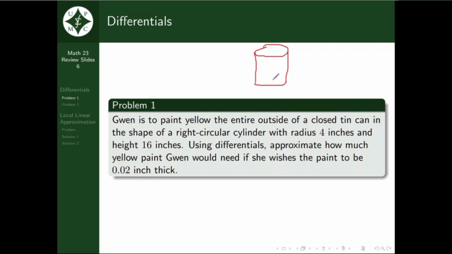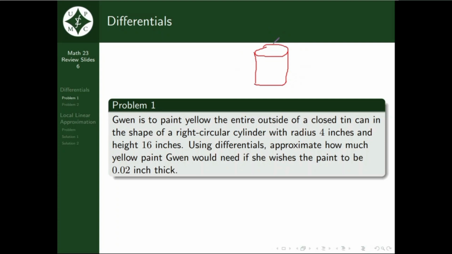So paano natin mapaperceive yung 0.02 inch, or paano tayo makahanap ng equation para dito? Siguro yung pwede natin makonsider dito is that yung additional paint, we consider that as additional volume for the right circular cylinder or yung closed tin can natin. Kasi nga naglagay lang naman tayo ng paint sa labas.